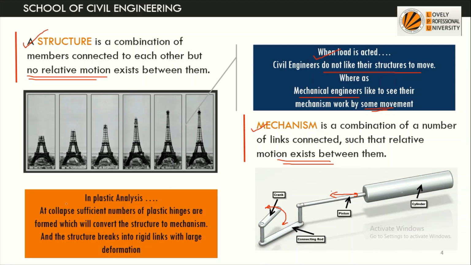So in plastic analysis, what happens? At collapse, a sufficient number of plastic hinges are formed which will convert the structure to a mechanism. Means there will be some motion between the members, and this is the state when the structure is assumed to break into links with large deformation. So when a structure is converted into a mechanism, then we consider the structure to have collapsed.